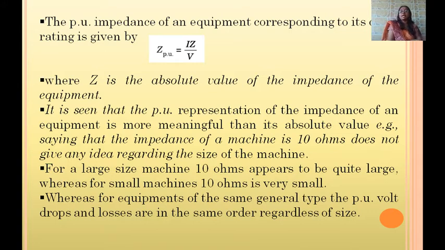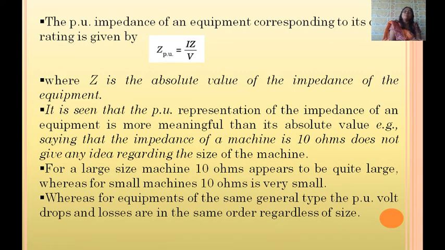For a large size machine 10 ohm appears to be quite small, whereas for a small size machine 10 ohm is very large. Whereas for equipment of the same general type, the per unit volt drop and losses are in the same order regardless of size.